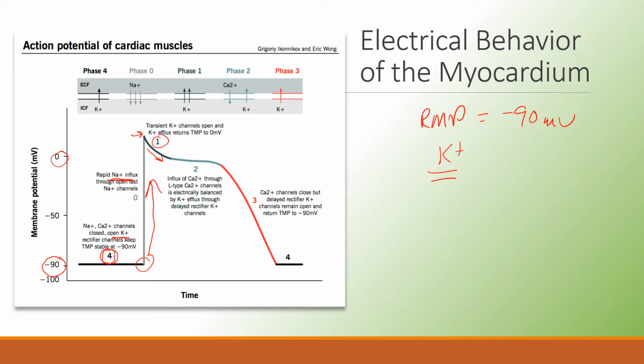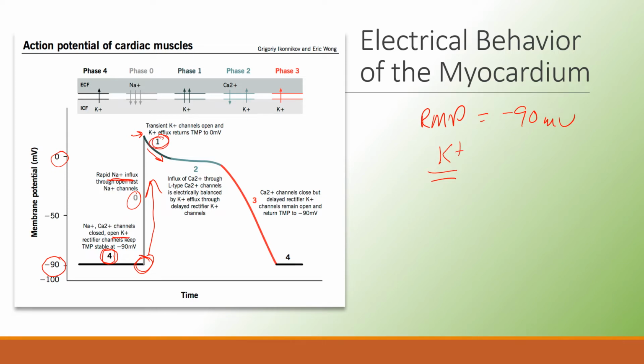So phase 4, we were at rest. We got a signal from the pacemaker cell, which caused a rapid depolarization, which we call phase 0. And what that is, it's voltage-gated sodium channels, and sodium is racing inside that cardiac myocyte, depolarizing it, making it more positive. So we get above 0, at which point those are closing or inactivating, which we went through. And then phase 1 starts.